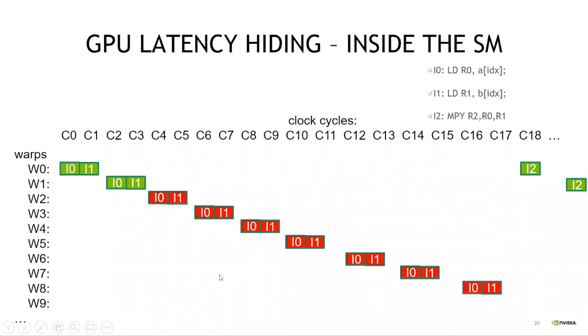Okay, so one of the main takeaways, in fact, the main takeaway from this slide, is that we want to have a lot of threads. Or if you like, we could say we want to have a lot of warps. And to be more specific, we'd like to have a lot of warps per SM. In fact, we know what the upper bound is. We know what the best case scenario is.